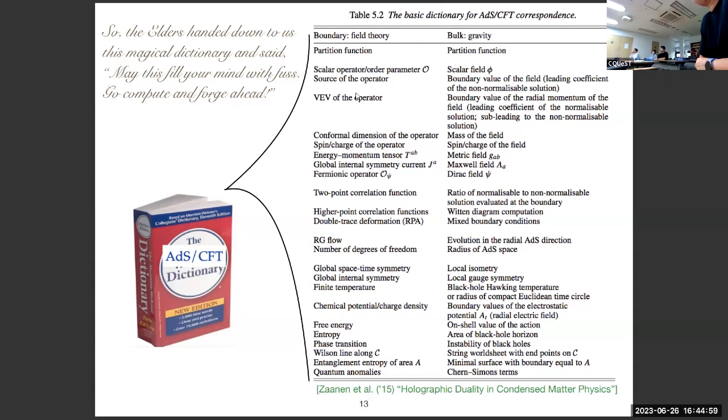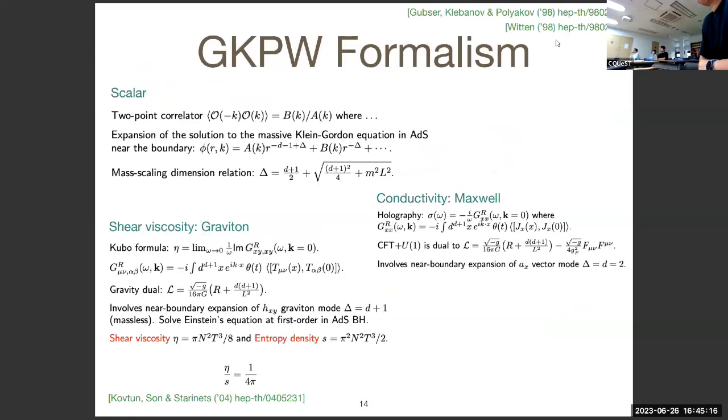The leading fall-off behavior as a function of the radial direction will give you the source, and then the subleading will give you the vev, both contained in the same object. That's spelled out in more detail in the 1998 work by Gubser, Klebanov and Polyakov, and by Witten. This is called the GKPW formalism, named after these gentlemen.